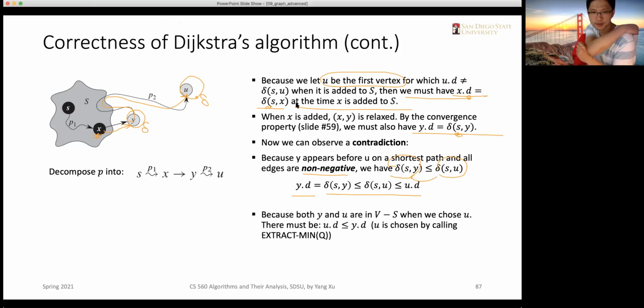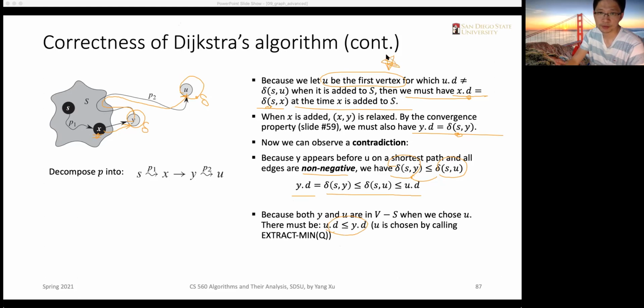right? But because both Y and U are outside S when we choose U, there must be U.d smaller than Y.d, because U is the first one we pick.